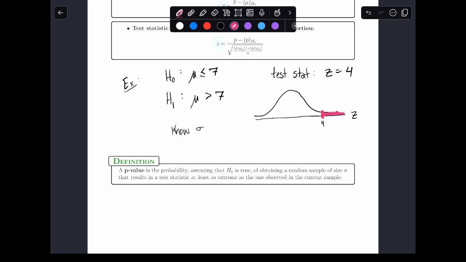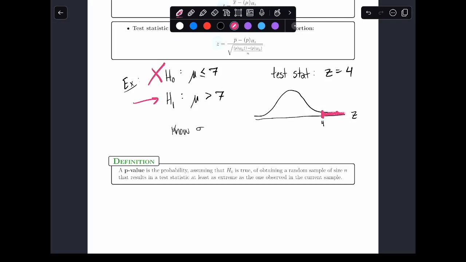And so if this is a super tiny probability, that would mean that the sample that I chose was really unlikely to happen. And it happened. And so if I get a really tiny probability, that might lead me to say, I don't think the null hypothesis is true, and so the alternative hypothesis might be true.